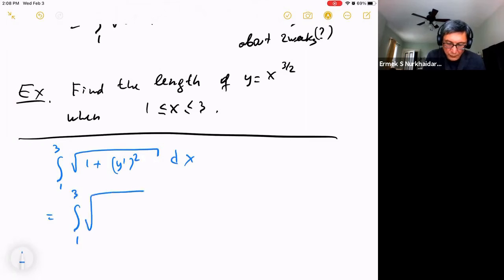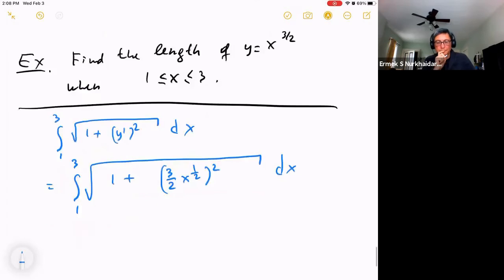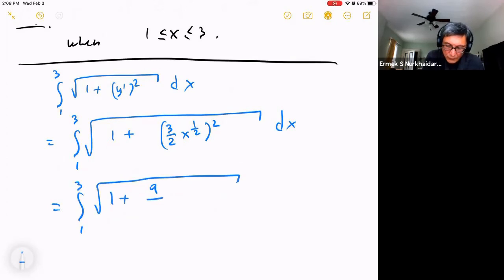So let's find the derivative. 1 plus the derivative, which will be 3/2 x to the 1/2, and I have to square it. The integral from 1 to 3 of square root of 1 plus 3 squared is 9, 2 squared is 4, x to the 1/2 squared is x.